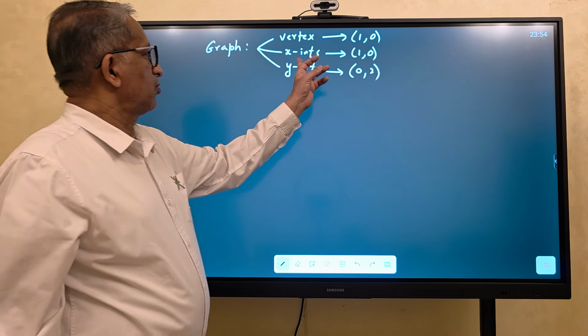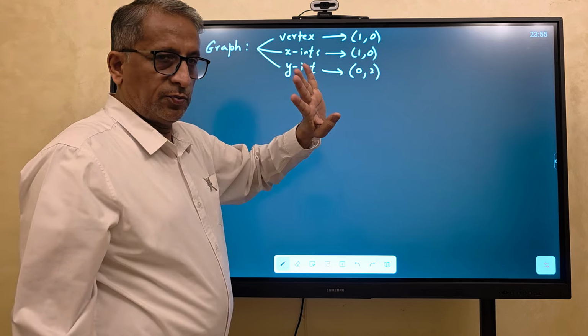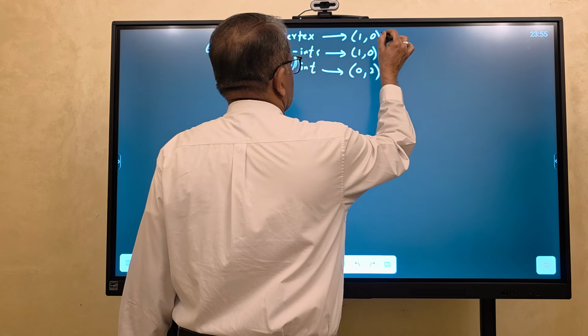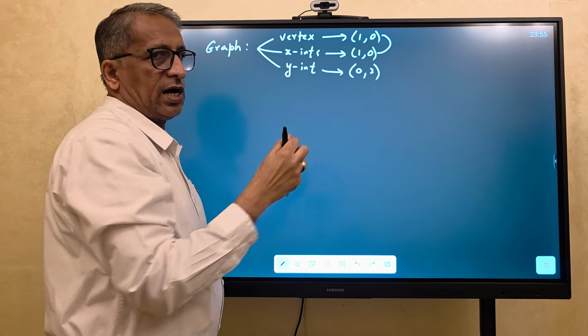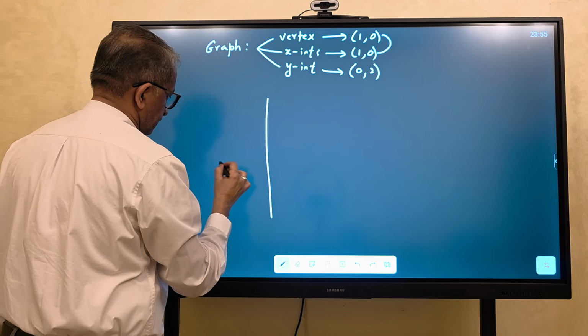So sometimes you get 2 x-intercepts, so totally 4 points or 3 points. But here these two are the same. Am I right? So therefore, in all, I have only 2 points. Let me draw those 2 points.